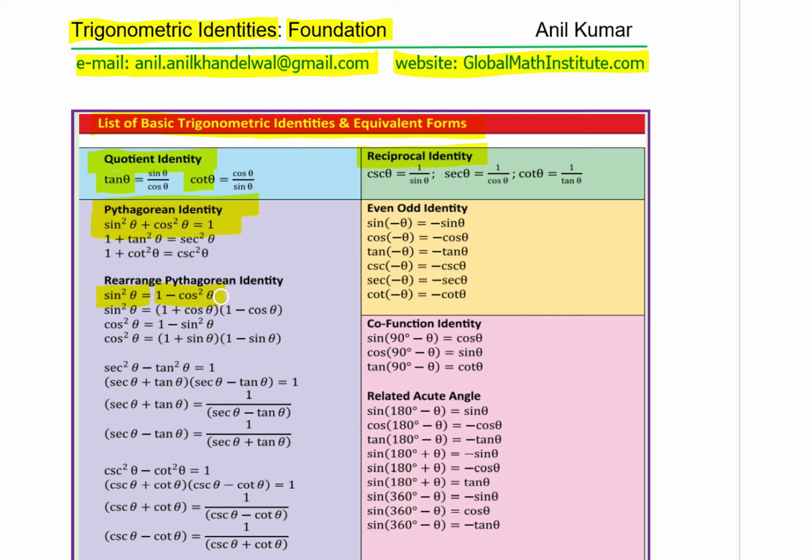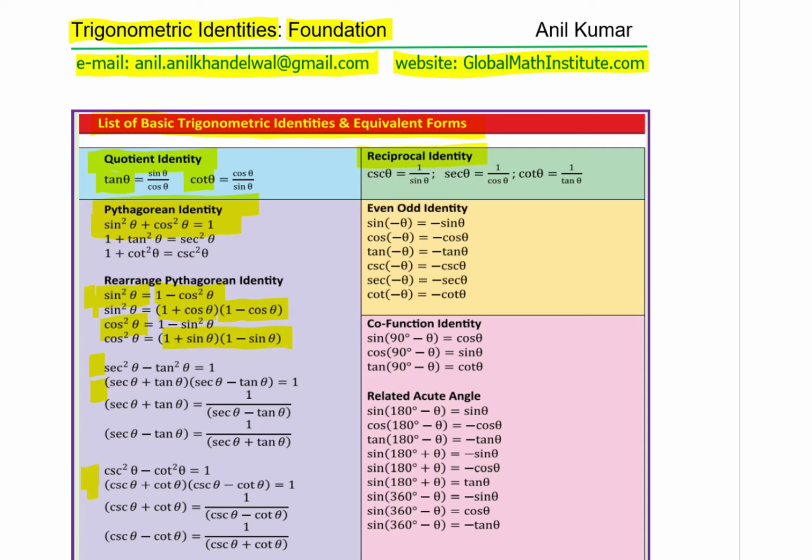Now, using difference of squares, we could always write this as 1 plus cos theta times 1 minus cos theta. Do you see that? So we converted sine square theta into a factored form. This factored form helps to simplify. We could do the same with cos square theta, writing it as 1 plus sine theta times 1 minus sine theta. Well, this kind of operation could be done with the secant and the cosecant identities also, as shown here.